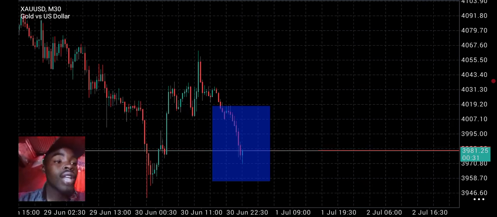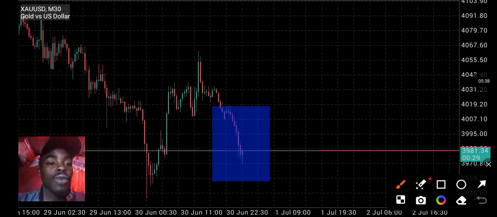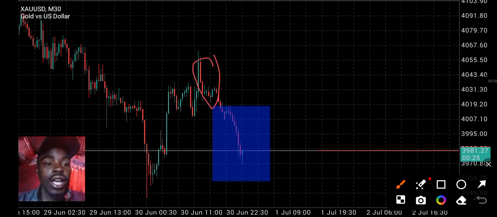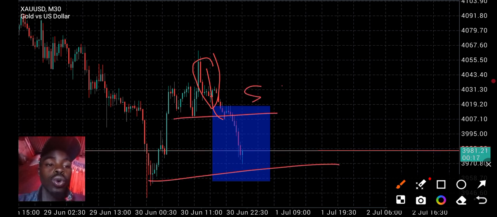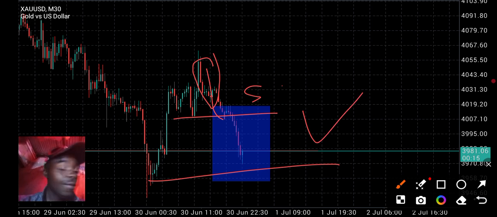Then I look for confirmation. For example, here there are these continuous candles showing a strong bearish momentum. After that confirmation, I enter some sales and target these lows, and that is how I trade every day, every time, guys, using the three rule method strategy.